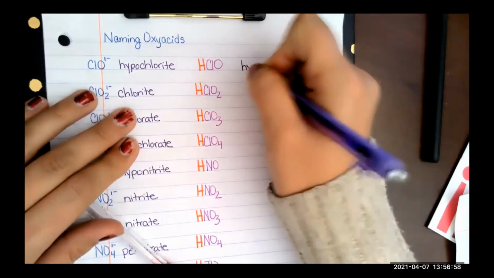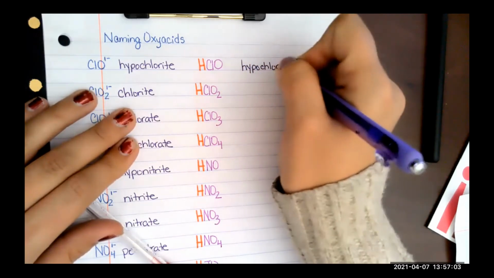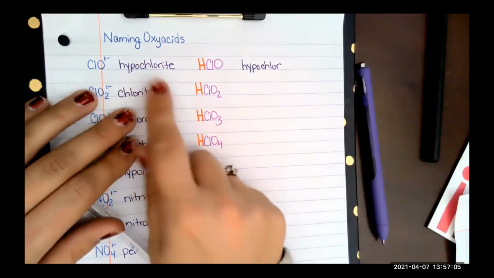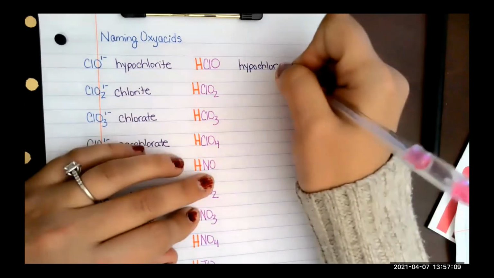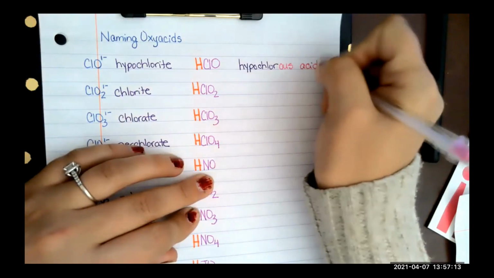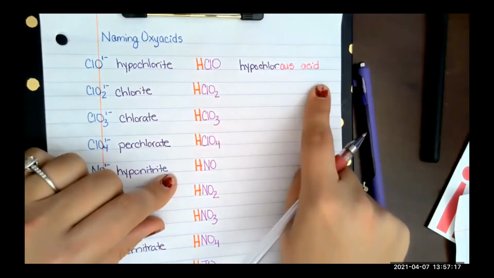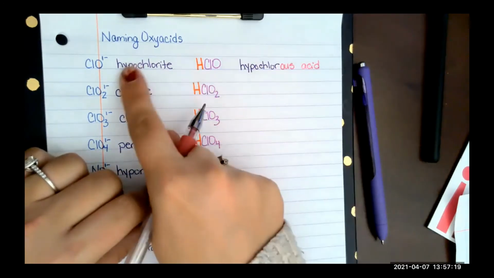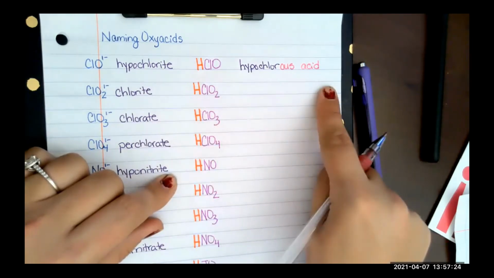You can write hypo, chlor. Now, you don't write the ite or the ate. Instead of an ite, you write us, O-U-S, and then you write the word acid. So you take off the ite, and then you add an us, and then you add the word acid. So hypochlorite becomes, when you add a hydrogen, hypochlorous acid.